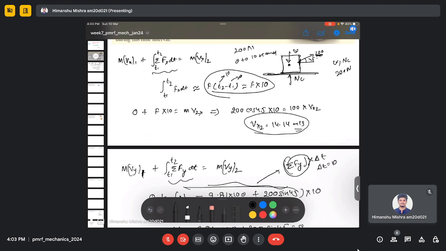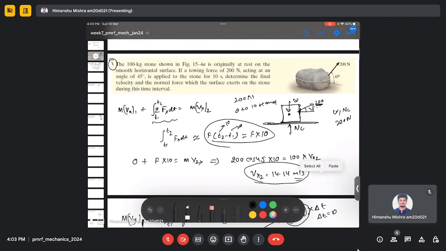And if you use these equations with kinematic equations, then you can also calculate the time and the relation between velocity, displacement, and acceleration, and so on. So any question on this one?